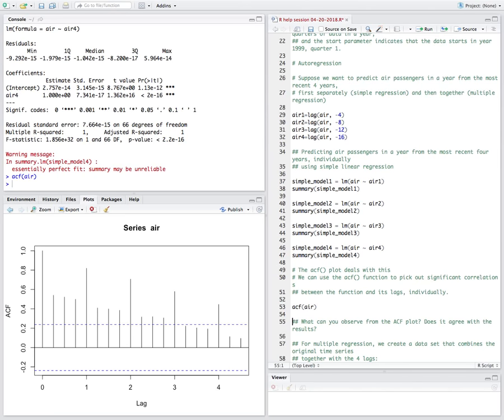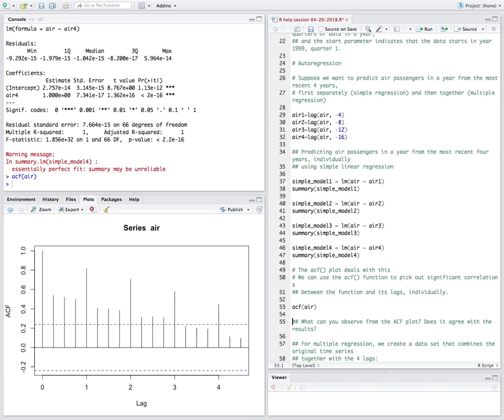Obviously, if you notice from the ACF plot, lag 0 is going to be a perfect correlation because the data is perfectly correlated to itself, right? And the first lag you can see is well above the blue line, which means that it is significantly autocorrelated.